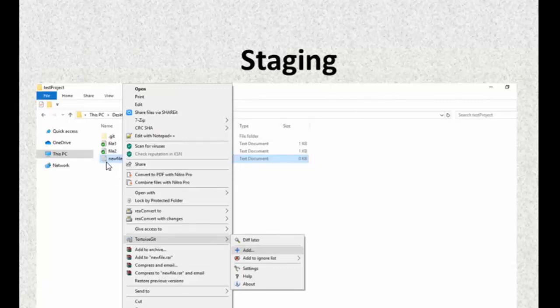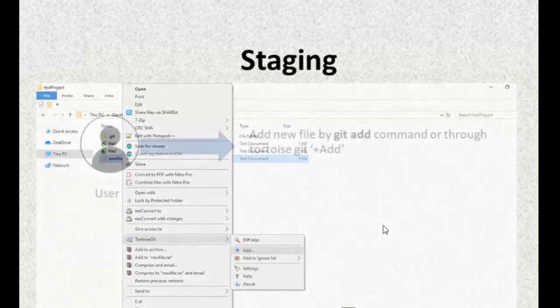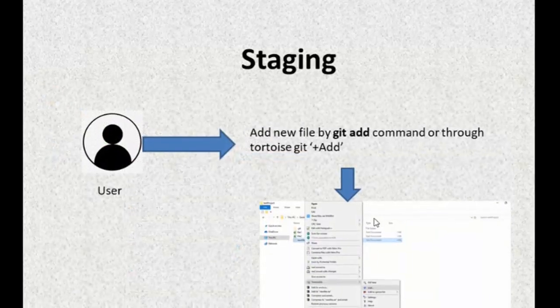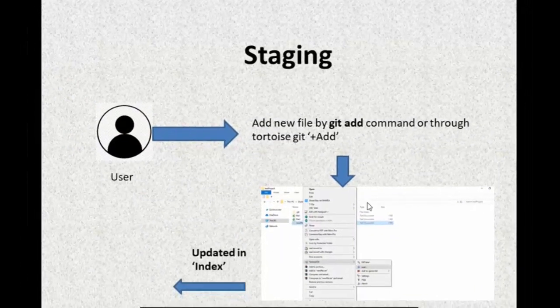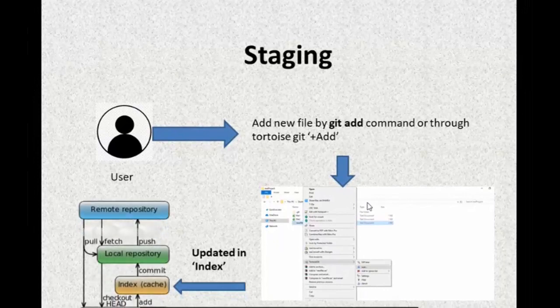If you can see, there is no tick mark here. So the Tortoise Git local repository doesn't recognize the newly added file. You have to first add that file through this option, and then this file will be updated in the index, as I said before.